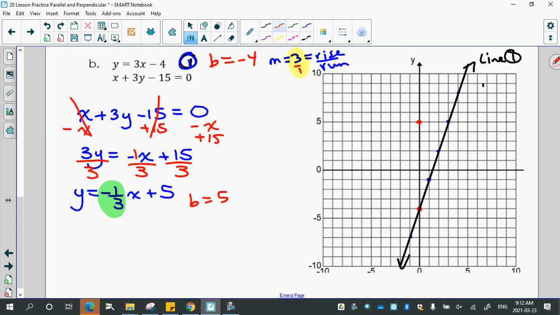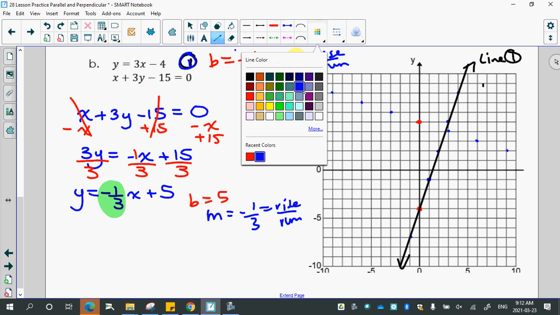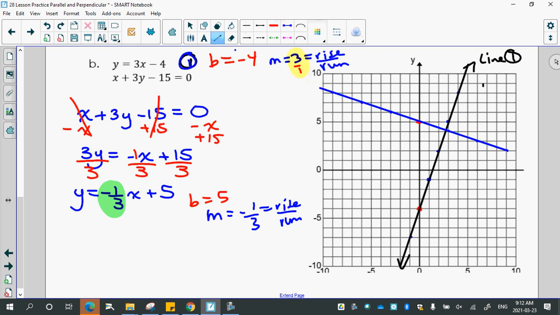And then my rise over run is down 1, right 3. Negative sloping. Different color. So this is my line 2.